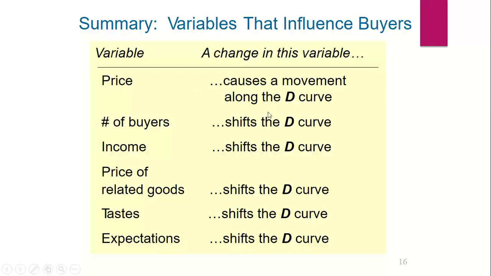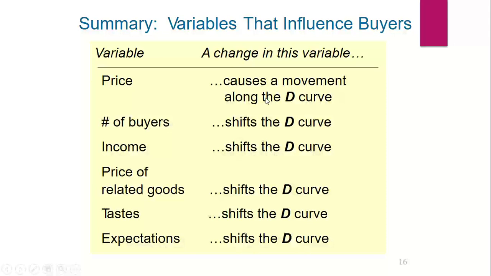As we have discussed in the previous slides, whenever the price of the same good changes, it causes a movement along the demand curve. Let's say if the price of a good increases, the quantity demanded of that good decreases, and if the price of that good decreases, the quantity demanded increases, showing a movement along the same demand curve.